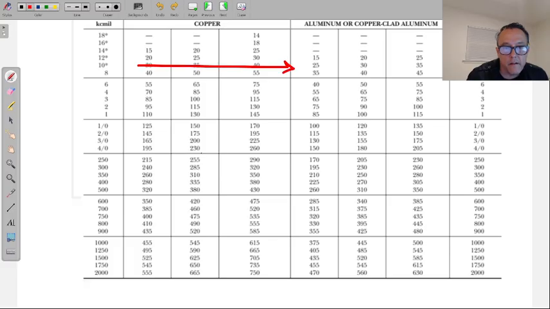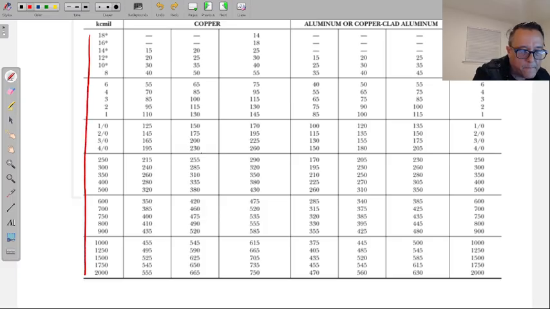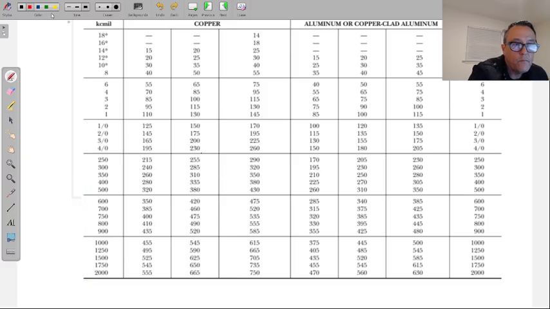Not this section over here. The gauges are just these right here. And don't worry about the numbers. Some go, as they get bigger, the number gets larger here, but then it goes in the other direction. So the only thing you really need to know right now is that the wires get larger or thicker as far as gauge goes as we go down this list of conductors.